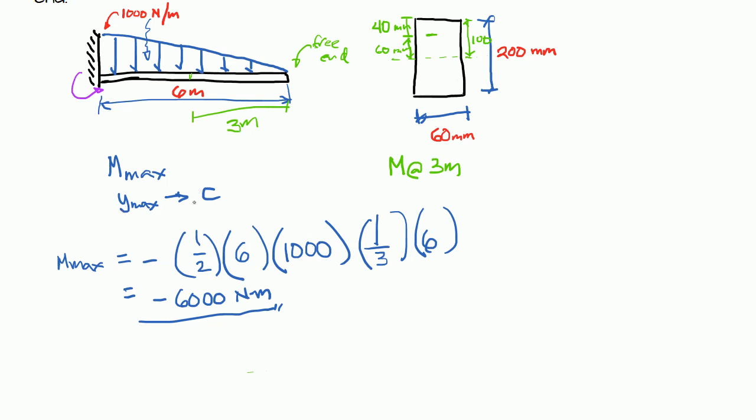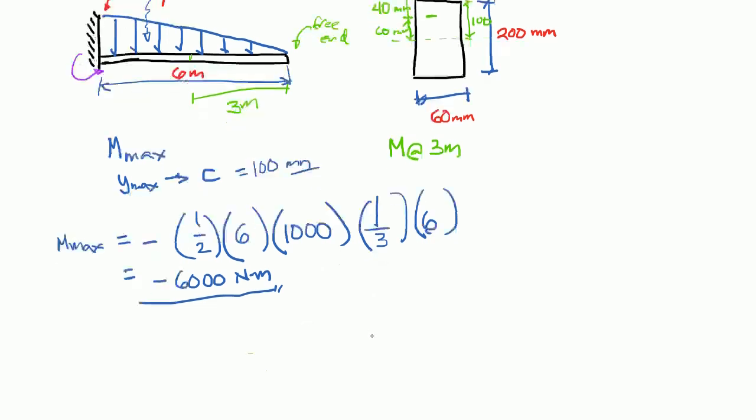Now, what is Y max? Of course, that is C. That is 100. Since this is 200, your C, okay, this is 100 millimeters. Okay, the units are important. Later we will see.